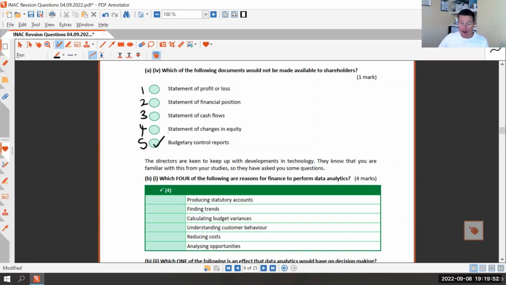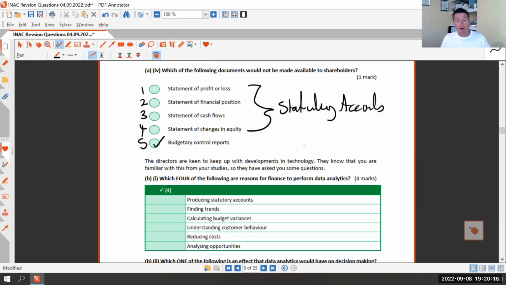And the reason why: all these four make up the statutory accounts in a medium to large business. Even a shareholder in a limited company should get rights to a full set of accounts. Although a small business doesn't have to do a statement of cash flow.